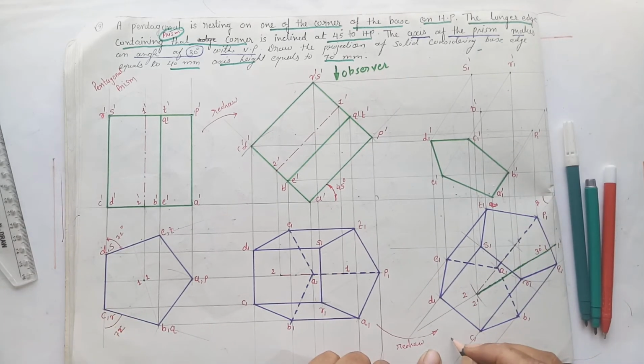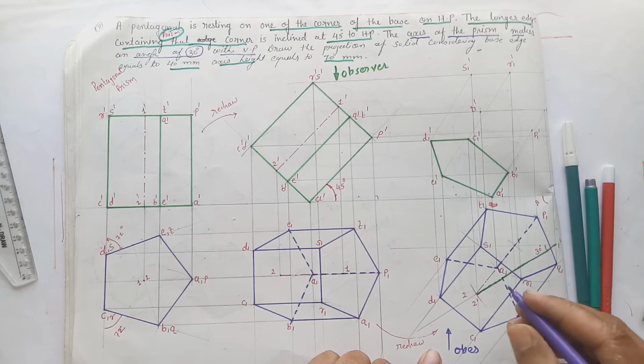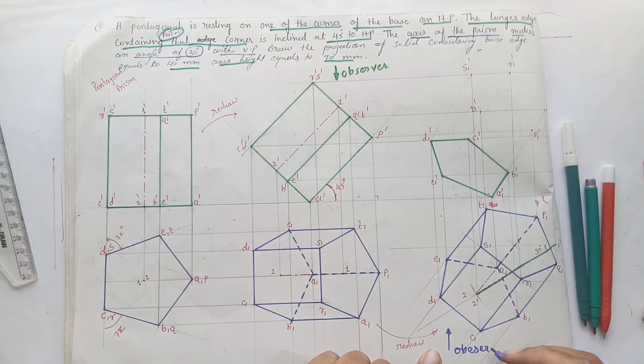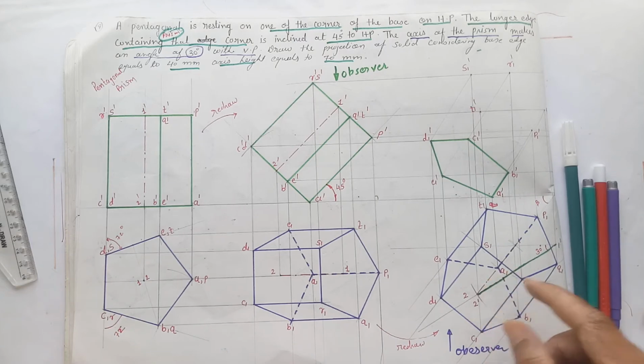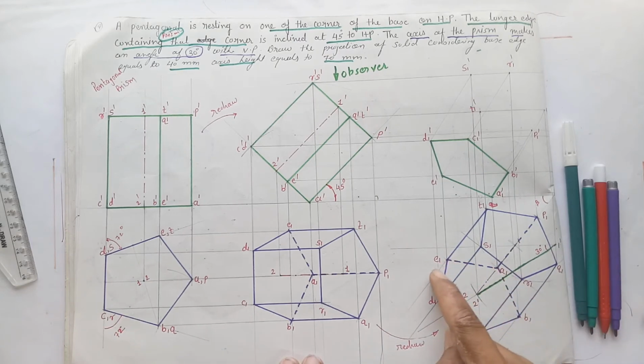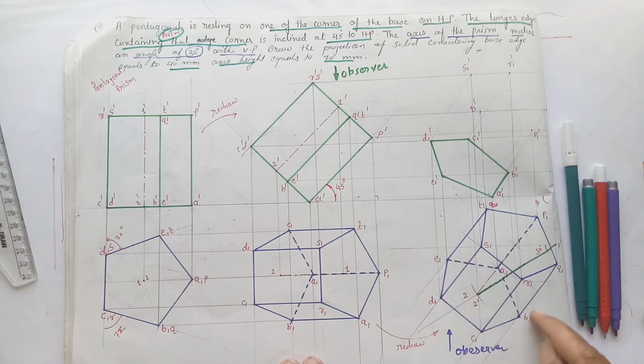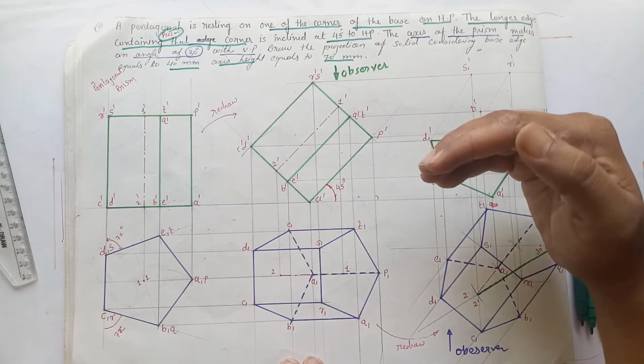Now first of all, as we all know that if we are observing the elevation, we can see that now base is nearer to the observer. So ABCD is the base nearer to the observer. So in the elevation, base is going to be visible.